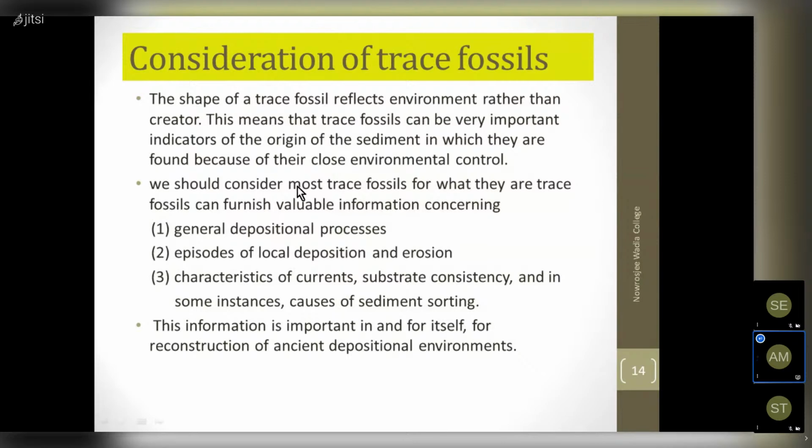Beyond any doubt, it can furnish valuable information concerning general depositional processes, episodes of local deposition and erosion, also characteristics of currents, substrate consistency, and in some instances, causes of sediment sorting.